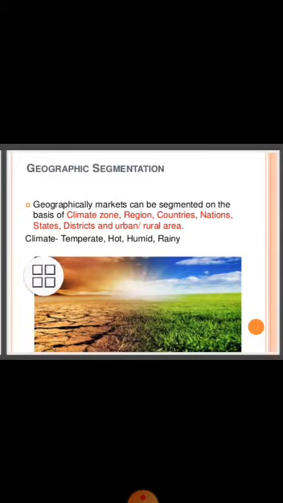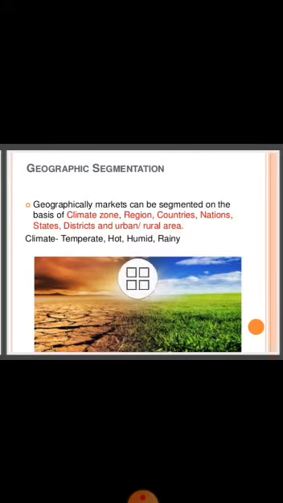And the climate could be different, like it could be temperate, hot, humid, or rainy. So these are the things that will affect the businesses, and the businesses will make the products according to that area.